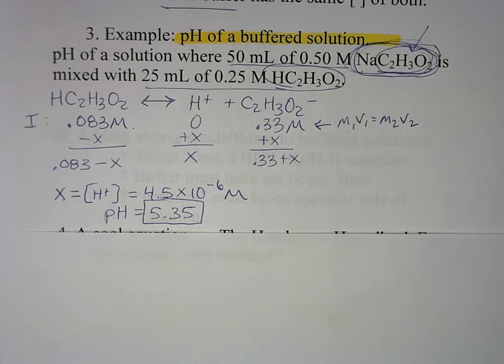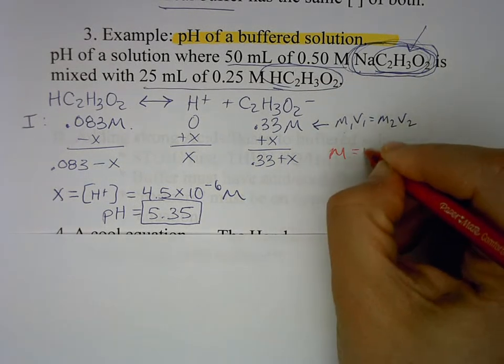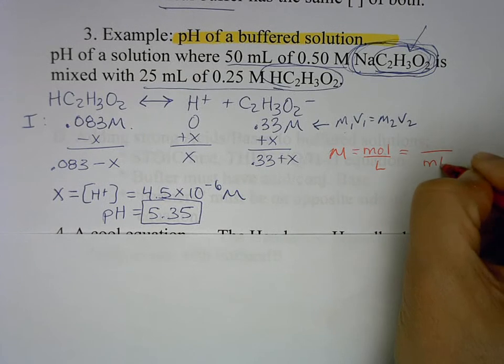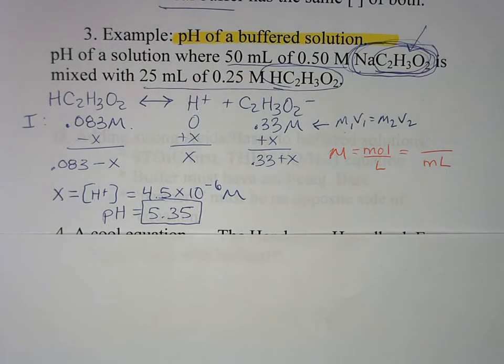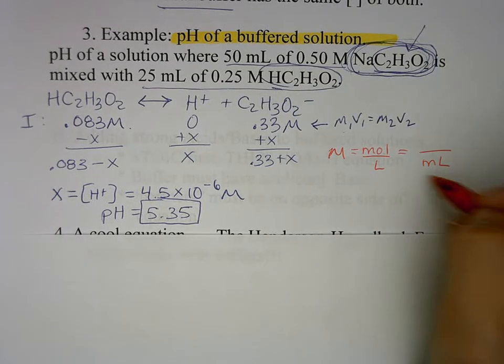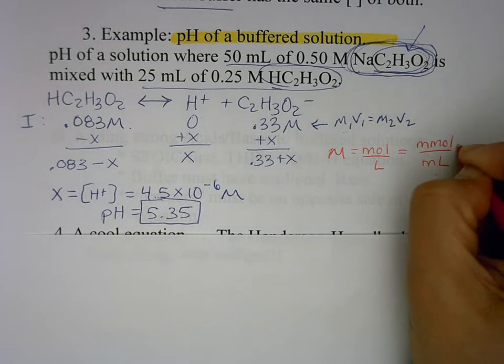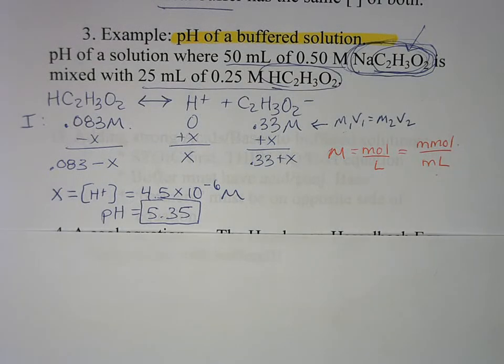Okay, so that's the same as normal. Now, I want to talk about something a little bit different that's going to help us later. I know that molarity is moles per liter. Let's say I want to just use milliliters, because they give you stuff in milliliters a lot. In order to use milliliters as my volume, we can also use millimoles. There's going to be a lot of talk of millimoles in chapter 15.